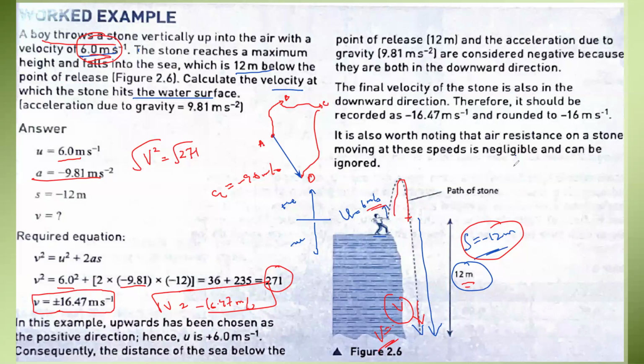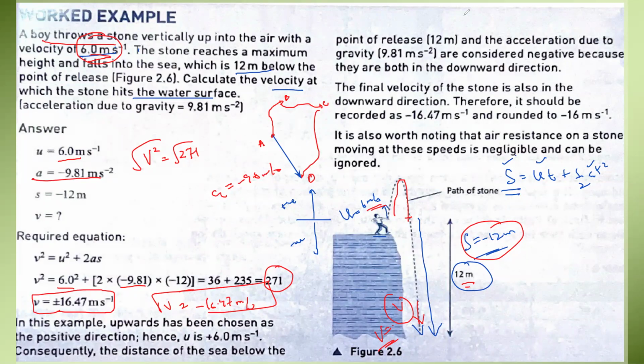We can use V equals U plus AT and solve in the same manner, or you can substitute the value of the displacement, using S equals UT plus half AT squared. You have the displacement, the initial speed and the acceleration, so you can also work out the time. But what displacement will you substitute? You'll substitute negative 12. Okay.